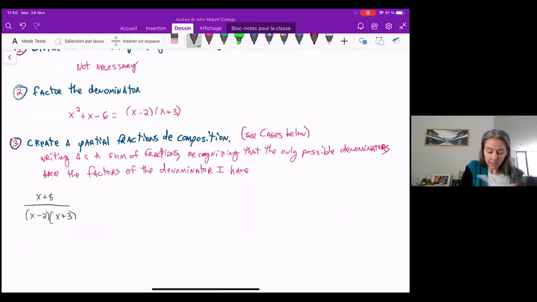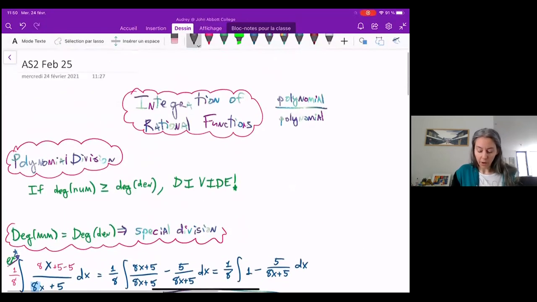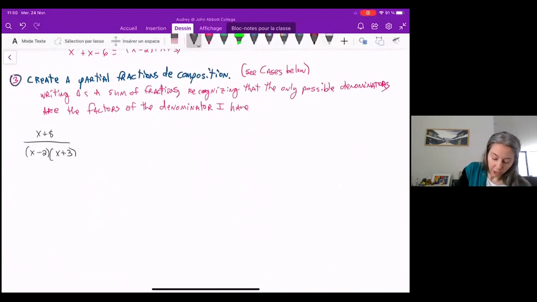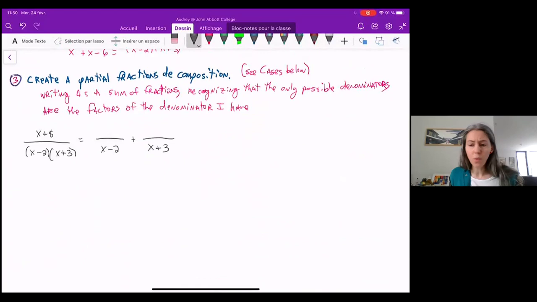So when I'm separating this into fractions, I'm going to have a fraction that has x minus 2 as a denominator, and another one that has x plus 3 as a denominator. And I know there's not going to be any fraction with like x plus 5 or x plus 7 as a denominator, because if there were, it would show up in that denominator of the original thing.